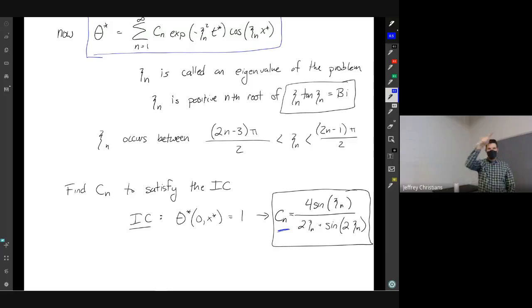Cosine is a squiggle, so each of the different terms is going to be a different frequency cosine wave, and we're going to be adding up all of these cosine waves. There's going to be a long wavelength one, a medium wavelength one, a really short wavelength one, a super short wavelength one. So they're all going to be different frequency cosine waves. We're going to be adding all of those together to get our final solution.